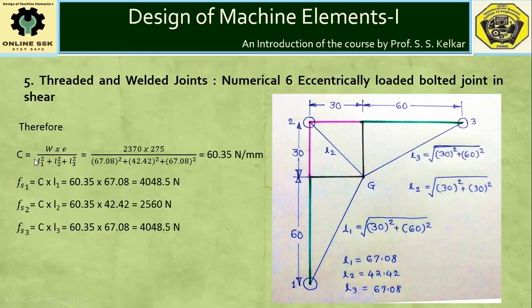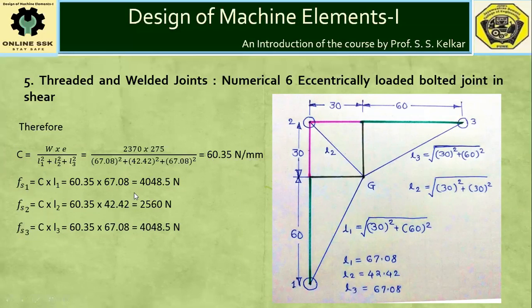Now we know all the terms required for C, and therefore we can calculate the value of C as 60.35 Newton per millimeter. Please note this unit, Newton per millimeter, of this constant C. Now multiplying this constant C by distances L1, L2, L3, we shall be in a position to calculate Fs1, Fs2, Fs3, the secondary shear forces applied at different bolts.